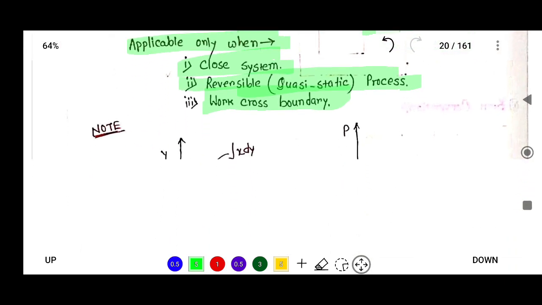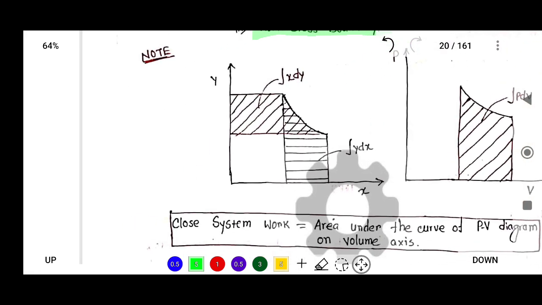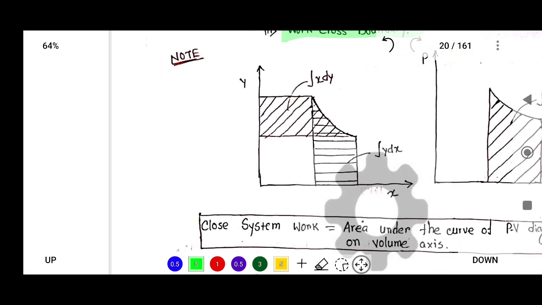Now focus on this graph. Here this is the y-axis and this is the x-axis, and suppose this is any process.